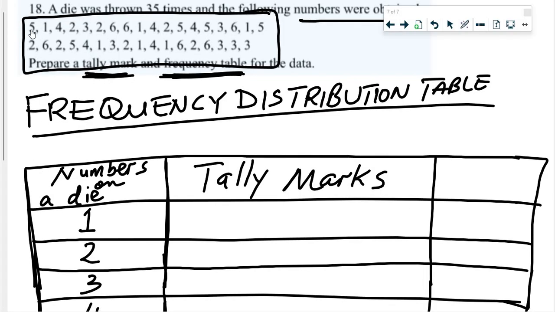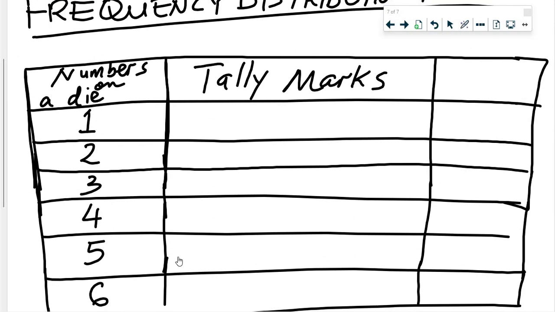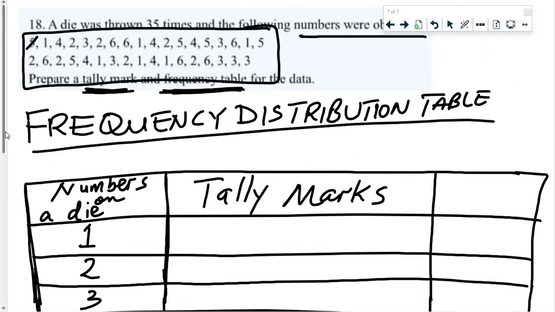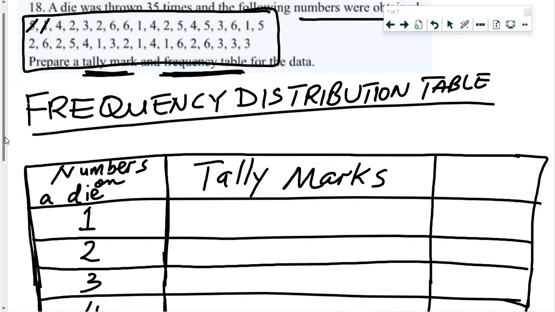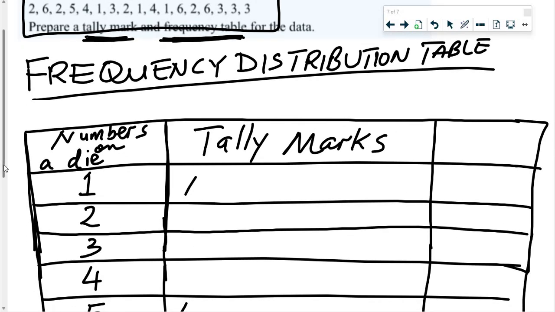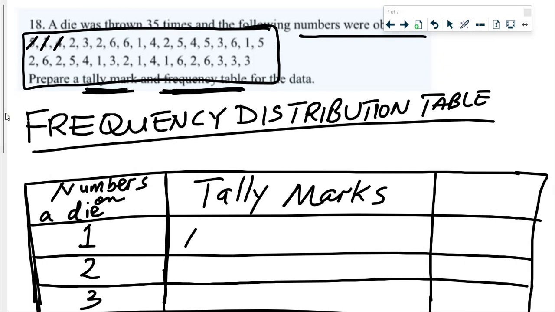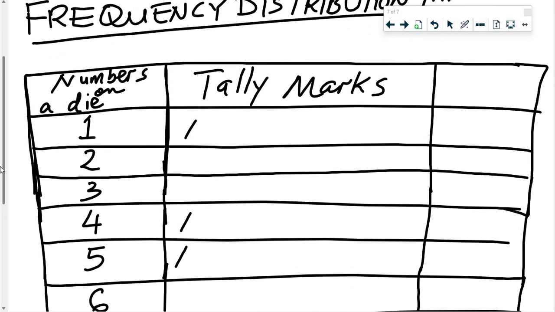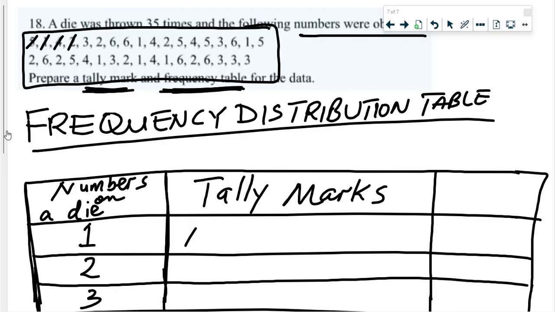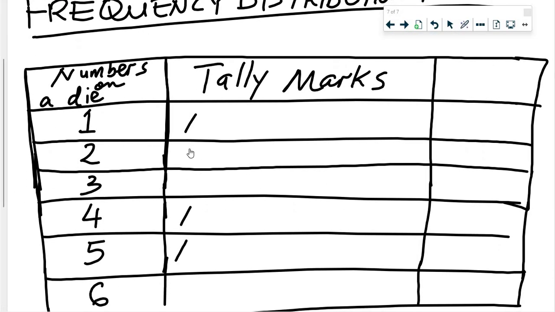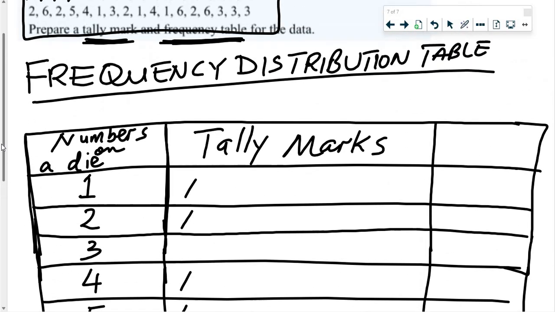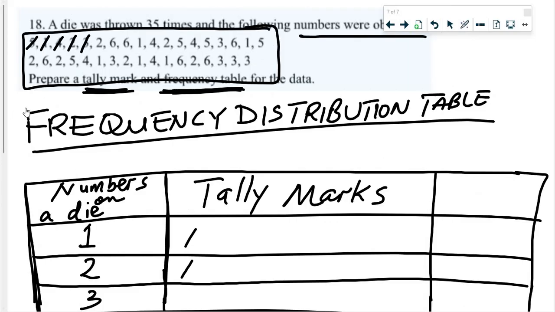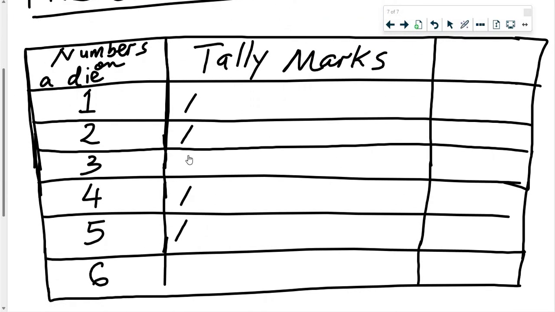The first number is 5, so cross out 5 and you record here. Next number is 1, you record here. 4, record here. Then 2, record it here. And then you have 3, record it here.